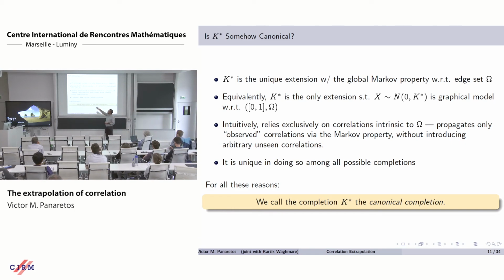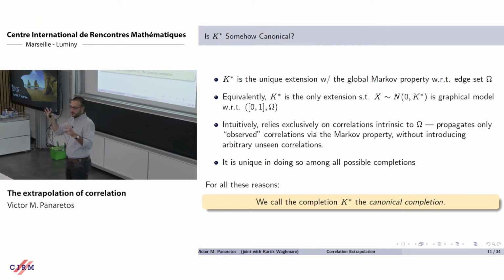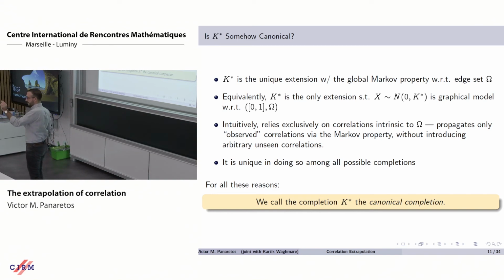So you think about the vertex set 0, 1, the edge set omega. Intuitively, omega contains all of the sort of covariance information. If omega were a short band, then the global Markov property would be saying that you basically have a Markov process with a short memory. Okay?